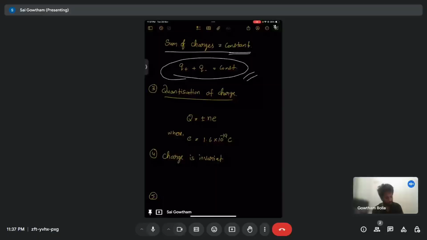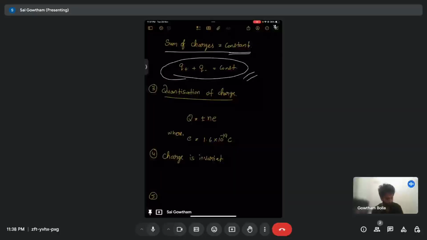Say the electronic charge, that is the value of e, is 1.6 into 10 to the power of minus 19 coulombs. And the next one is that charge is invariant in nature.